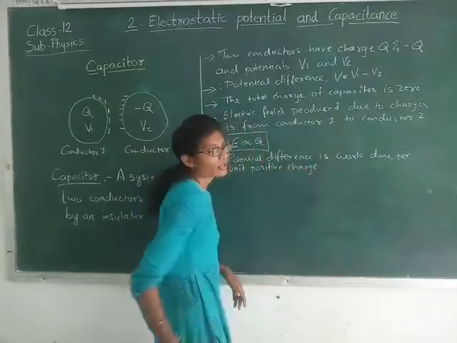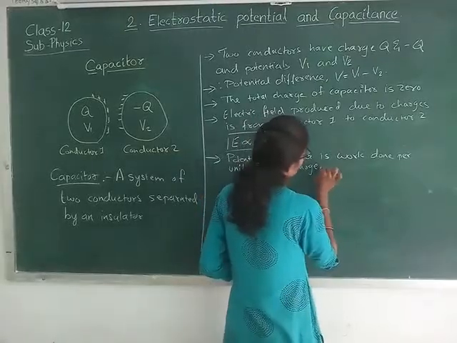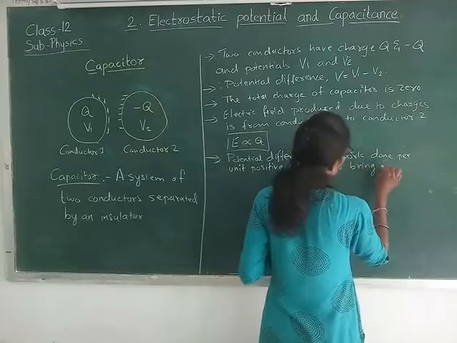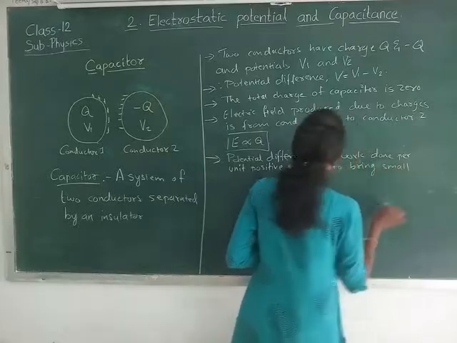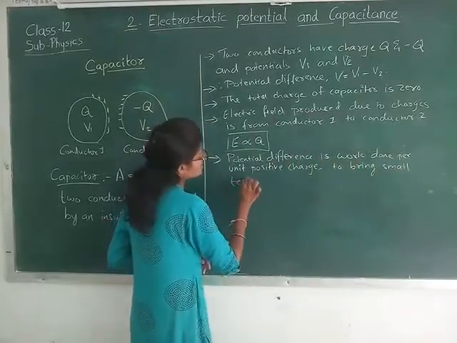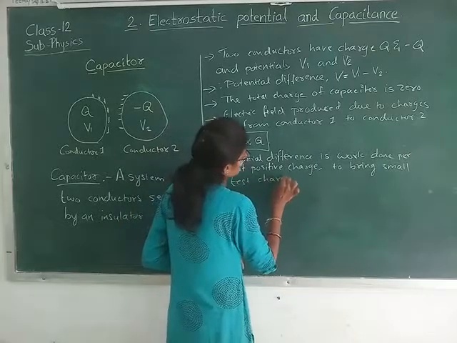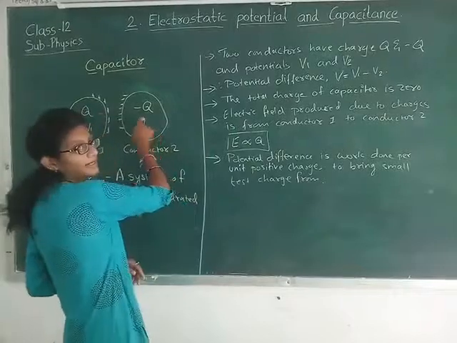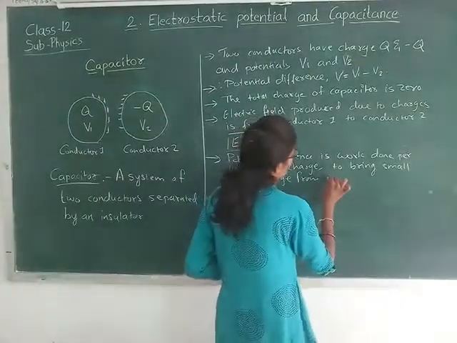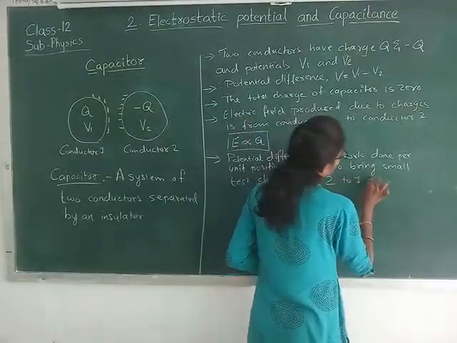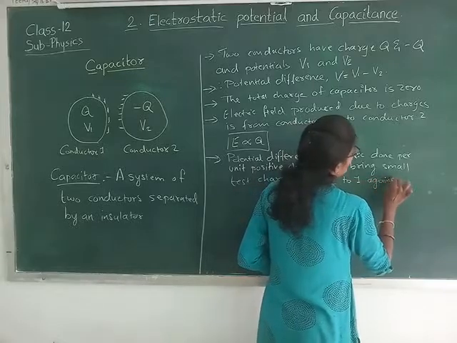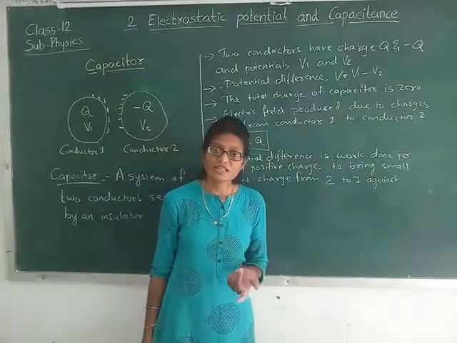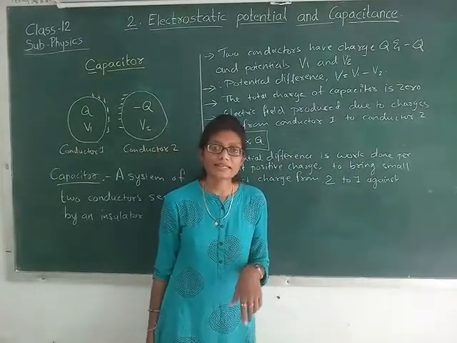Or we can say, in this case, to bring a small test charge from conductor 2 to conductor 1 against the electric field, because we know that work done is by the external force and that is against the electric field.